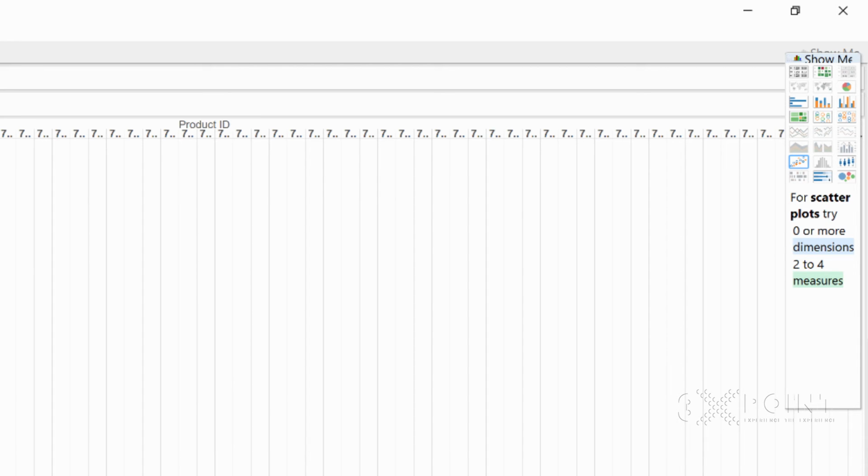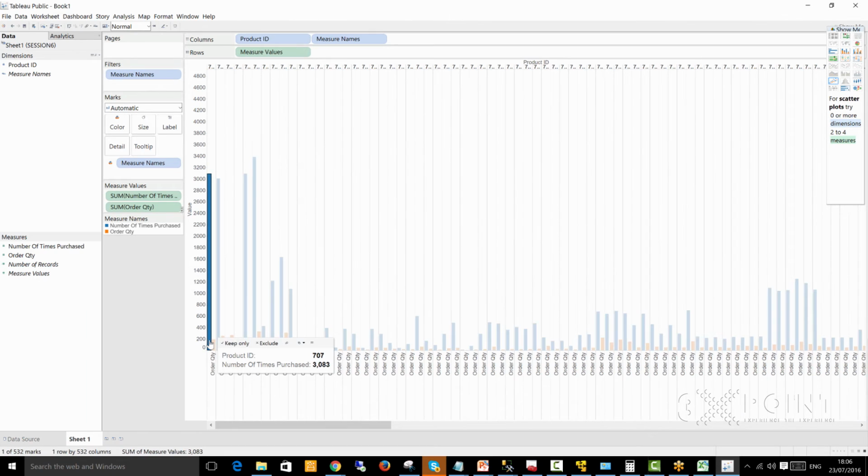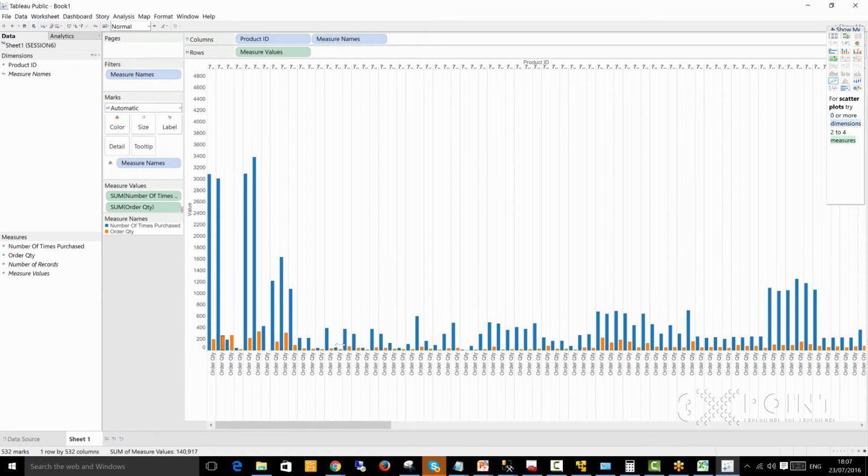You can see that product ID 707 has a number of times purchased of 3083, and the same 707 has an order quantity of 197. So you can start seeing analysis placed side by side. All right, and you can do a number of things.